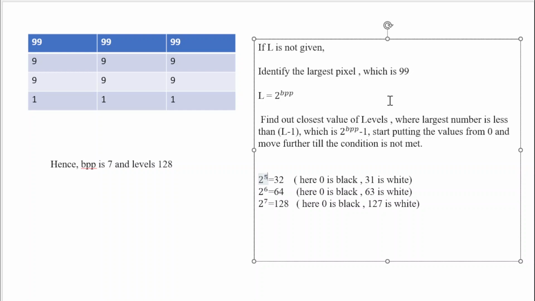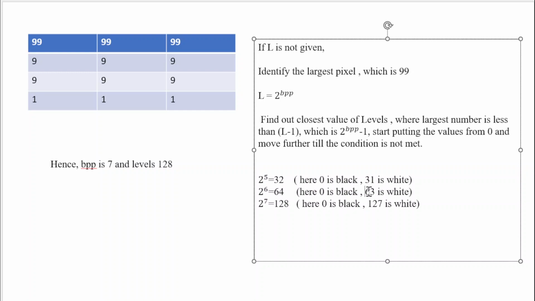So 99 should lie in the range of 0 to L minus 1, or 0 to 2 raised to power BPP minus 1. So if the BPP becomes 5, the range will become 0 to 31, 0 for black, 31 for white. If the BPP is 6, the range will become 0 to 63.